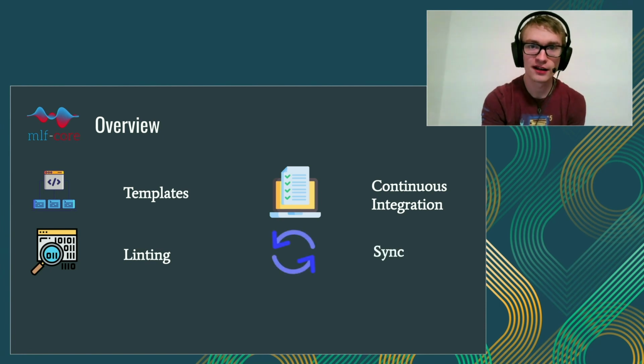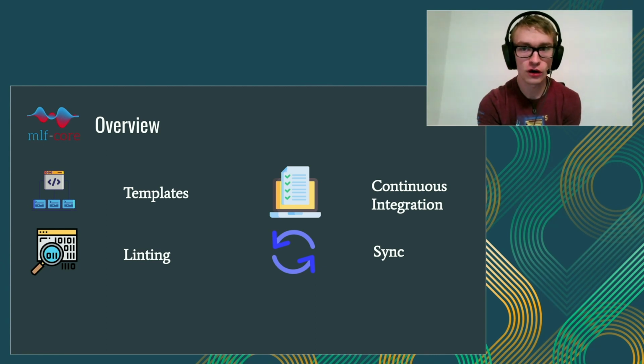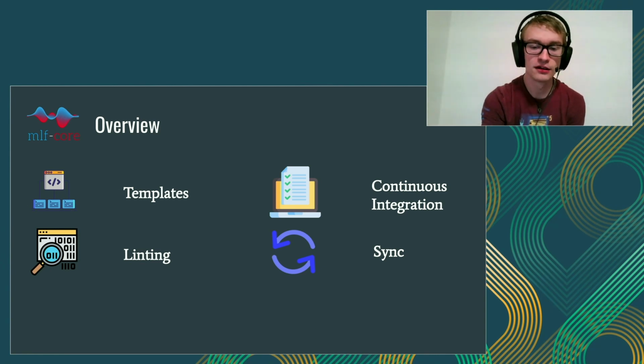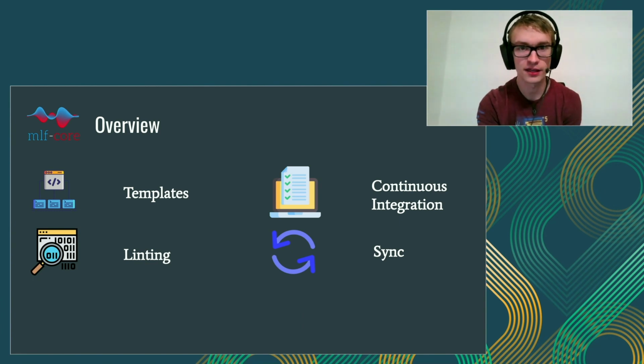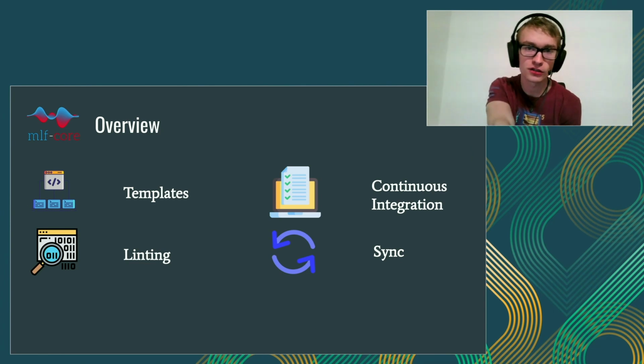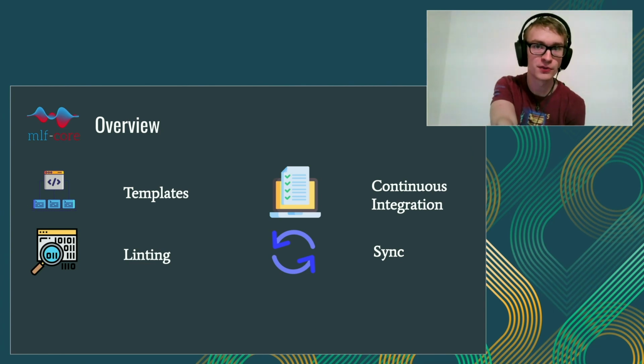Furthermore, mlf-core has a so-called sync feature. We from mlf-core will always improve the mlf-core templates. But if you created a project, say two years ago, and we are releasing a new version of mlf-core with an updated template, for example for the PyTorch template that you used two years ago, then you will automatically get a pull request with only the changes that we've made to that template.